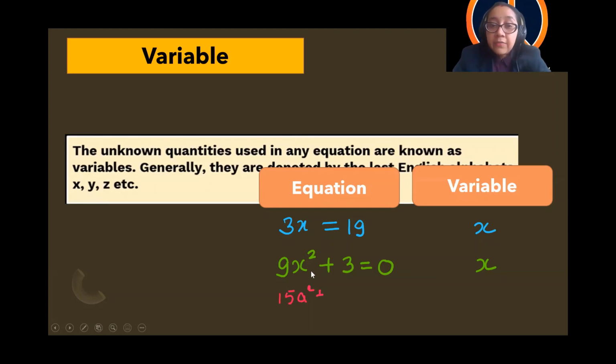Similarly, if we write 15a square plus b square equal to 0, can you write in the chat, what is the variable of this particular equation? 15a square plus b square equal to 0. Write it now. Pause the video and write it now. Okay. Yes, you are right. It is a and b. So there are two variables in this equation, a and b.